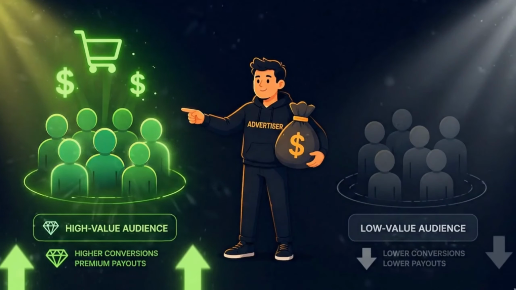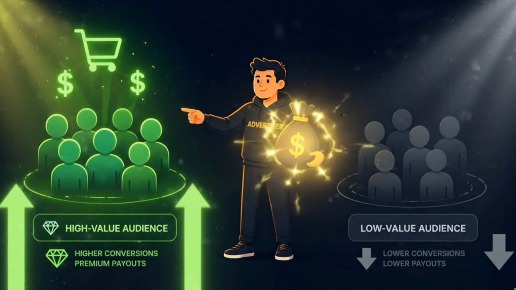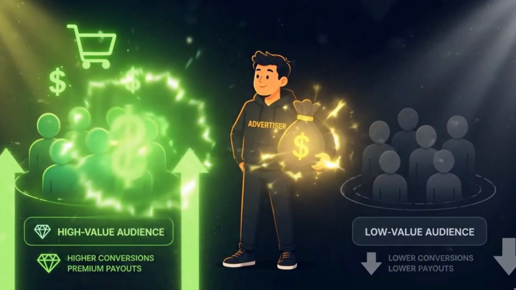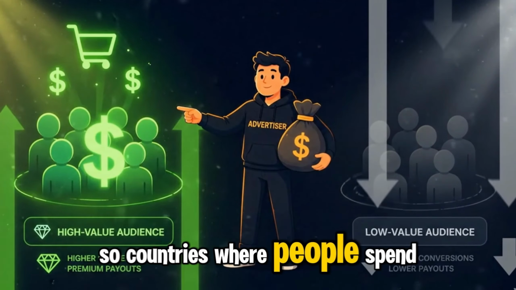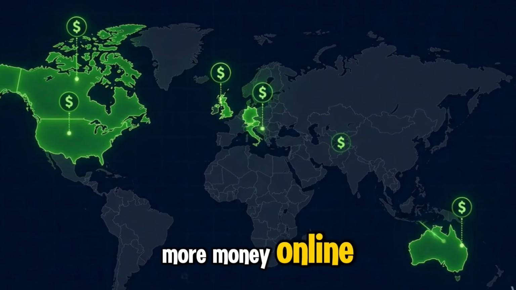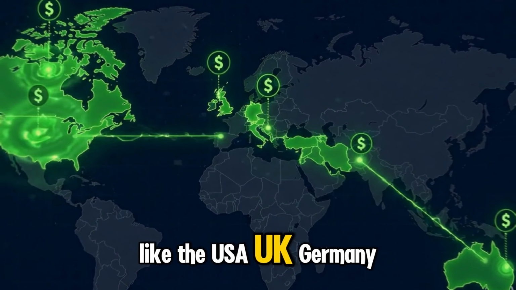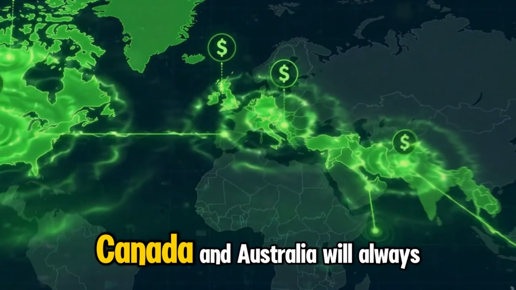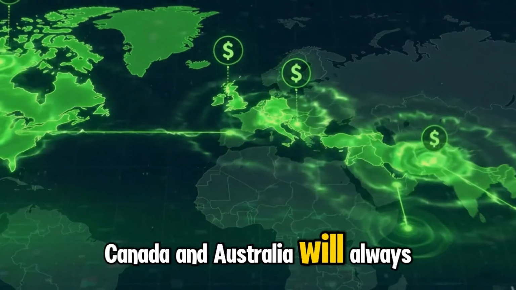Advertisers pay more for audiences that actually buy things. So countries where people spend more money online, like the USA, UK, Germany, Canada, and Australia, will always pay higher CPM rates. That's just how ad networks work, and Monetag is no different.